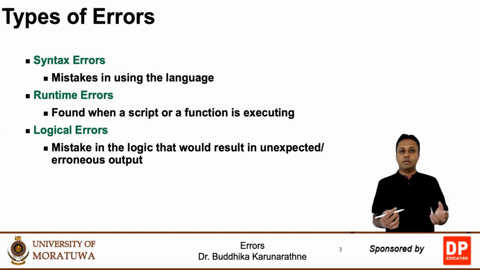Those occur when a script or a function is executing. These are sometimes referred to as execution time errors, and we will soon see some examples of these. And finally, we have logical errors that would not generate any error messages, but they would result in unexpected or erroneous output.